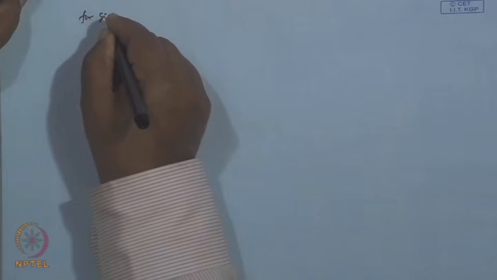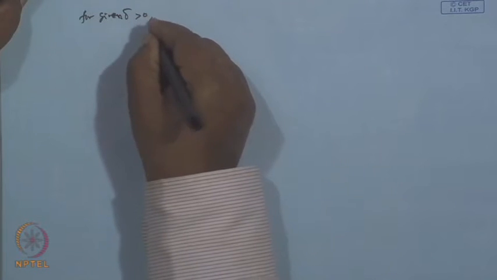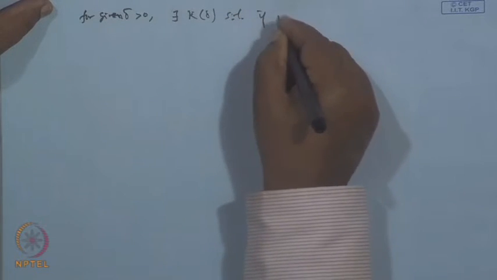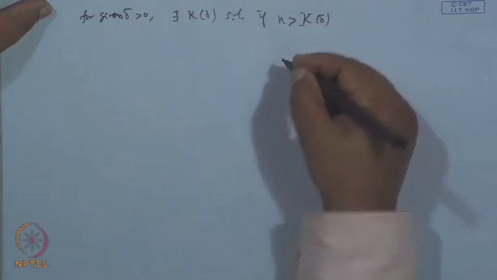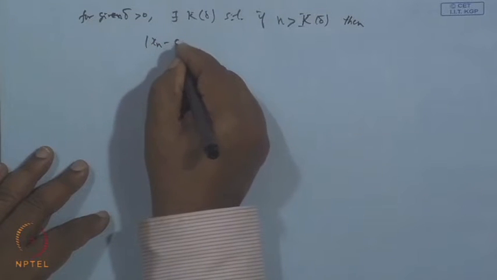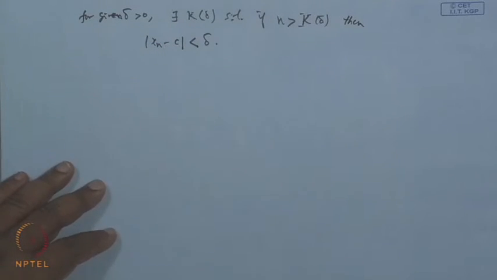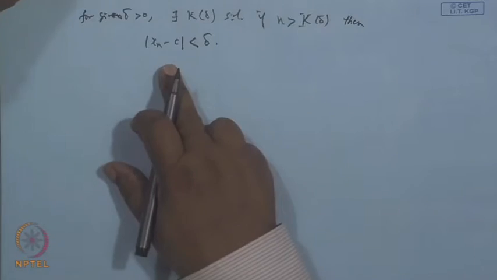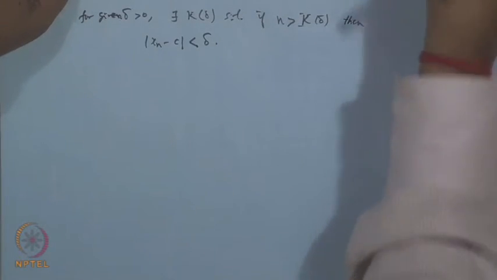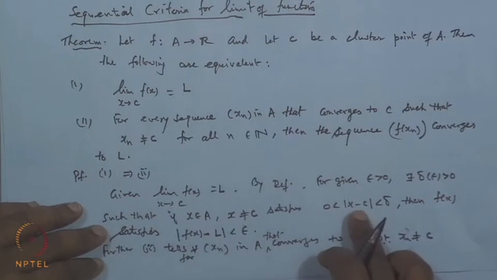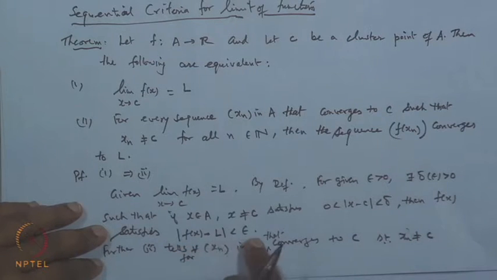So, by definition, for a given delta greater than 0, there exists a K depending on delta such that if n is greater than K, then mod of x n minus C will remain less than delta. Is it not? By definition, when x n converges to C, this is true. But for this particular x n, the result of the previous, that f x tends to L, says that for all such x which satisfy this condition, the mod of f x minus L is less than epsilon.